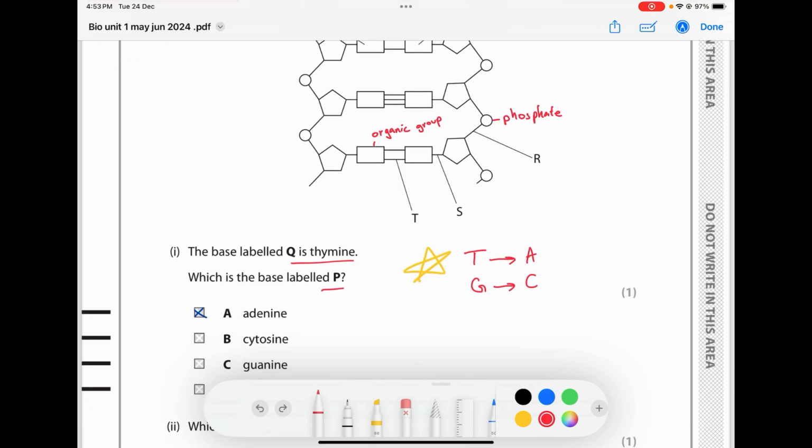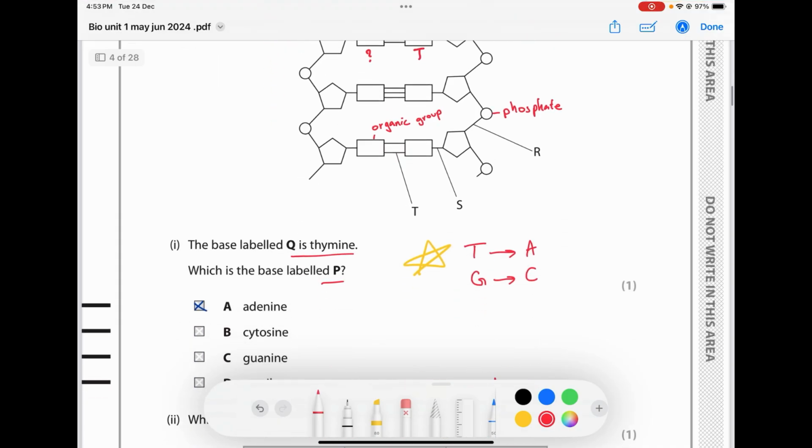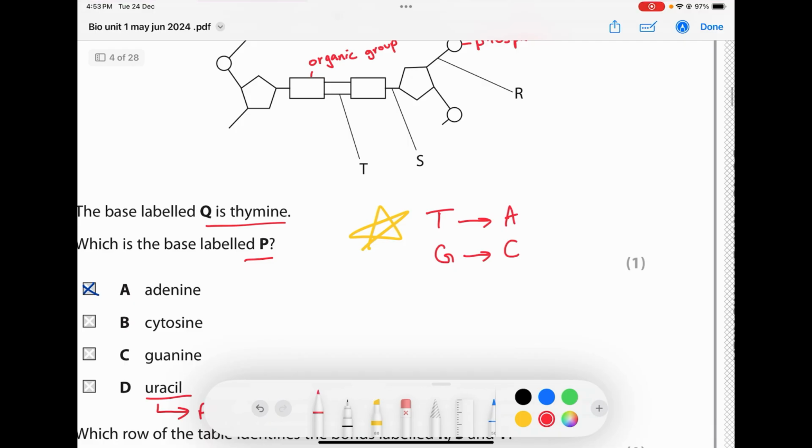The base labeled Q is thymine. Which is the base labeled P? Over here, we have Q, which is thymine. Which one is this one going to be? This is an easy way to remember it.